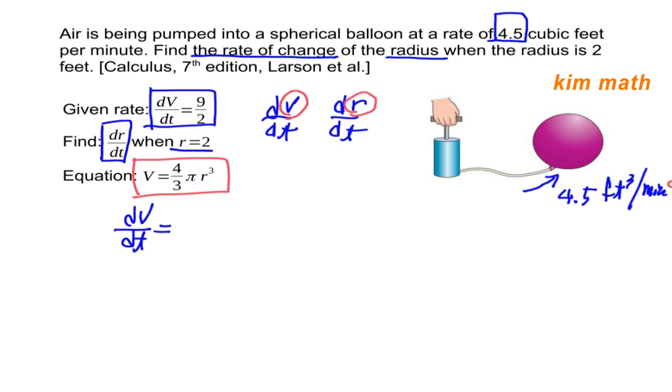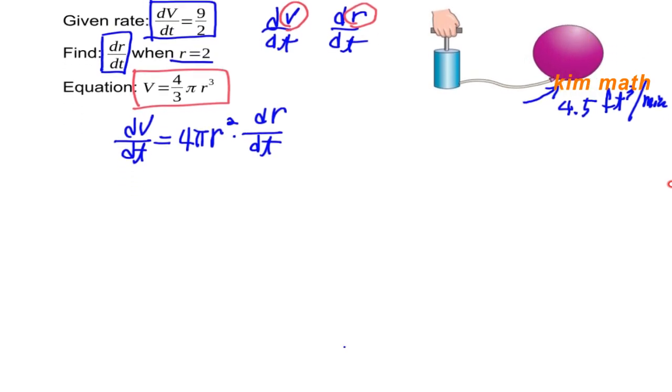On your right side, r cubed, r is the variable, so you can use the power rule. Then you have 4 pi r squared, and since we differentiate with respect to time, we must multiply by dr/dt. Good? I think we have all the information.